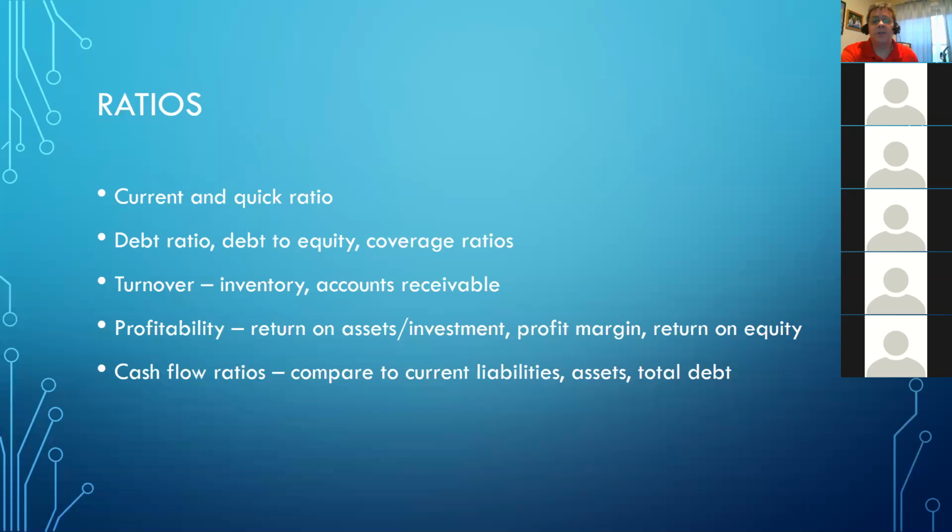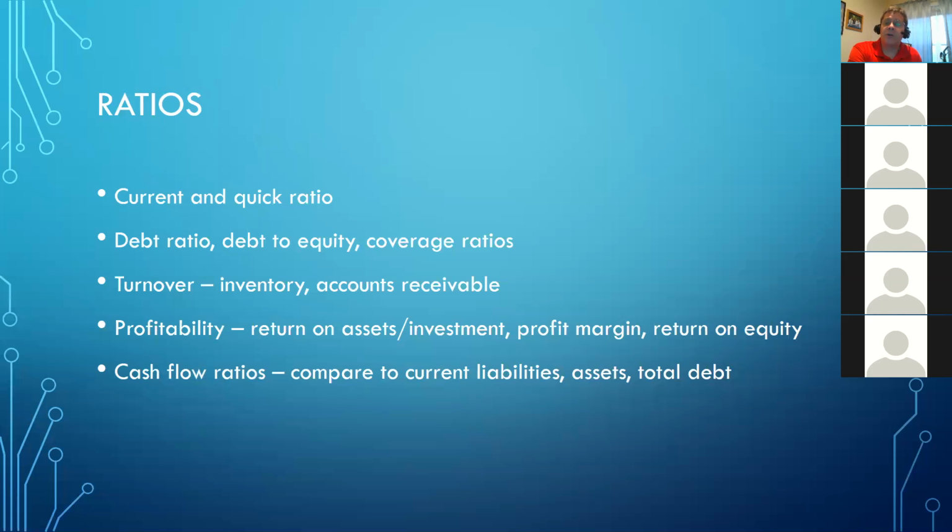So you're looking to have that be somewhat high. You want it to be selling your inventory multiple times per year. You want to be collecting your accounts receivable quickly, but they can also be too high, meaning you are not selling enough because you're being so stingy on your credit with your customers, and your accounts receivable turnover may be very high, but you can't get very many sales because you're being so stingy.